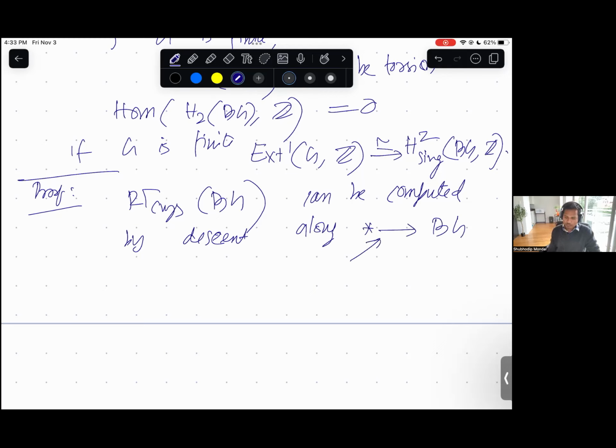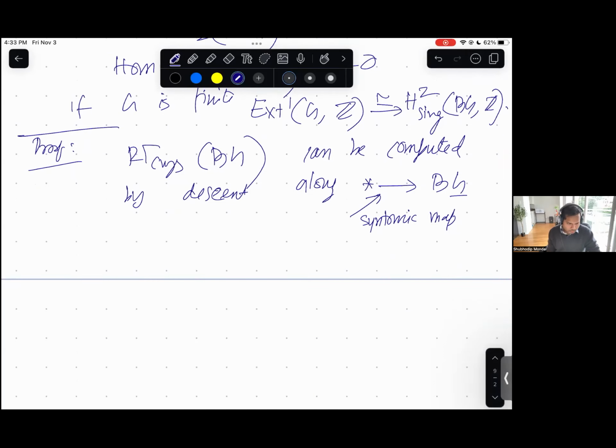The fact that it can be computed like this uses the fact that this map is syntomic, which just means that any finite group scheme over this perfect field k is going to be a local complete intersection. You're also using that crystalline cohomology satisfies this kind of syntomic descent, and I think this is a result of Fontaine and Messing. So we can compute it like that.